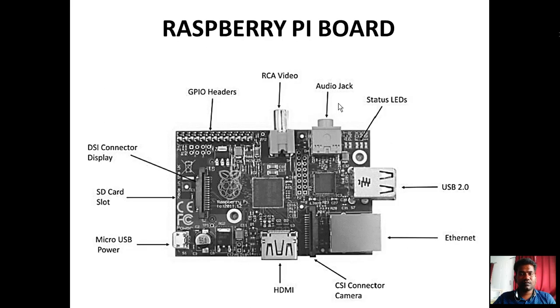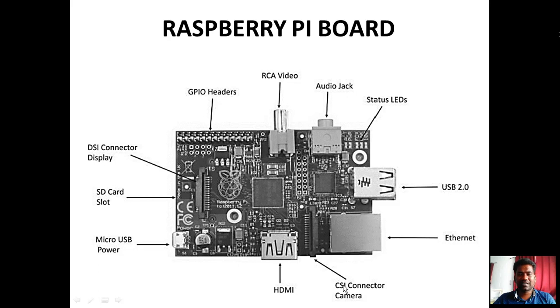So this is the physical layout of the Raspberry Pi board. In the Raspberry Pi, it's one of the processors running, and all the ports are available. The first one is the USB port, it has a USB port, an Ethernet port, and a CSI connector and DSI connector, the display connector and the camera connector.